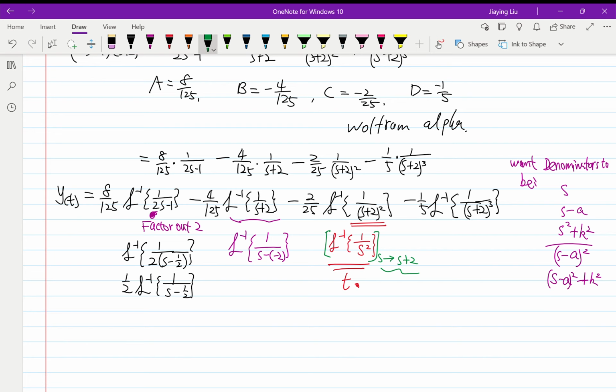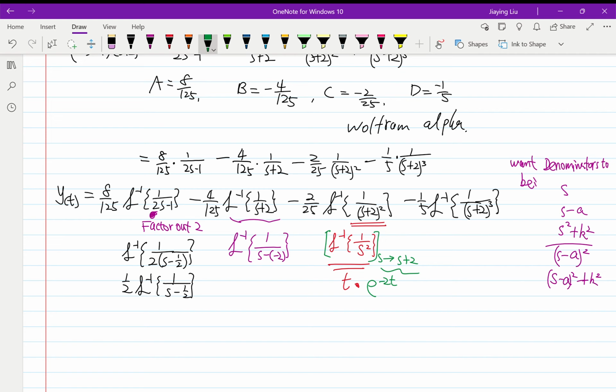The s plus 2 being replaced with s, that translation will give us e to the negative 2t. Just like we did in the beginning, we kind of ignore e to the negative 2t. At the end, we write down s goes to s plus 2. If we have s goes to s plus 2 as a substitution, then we have to keep in mind that that eventually turns into e to the negative 2t. Does that make sense?